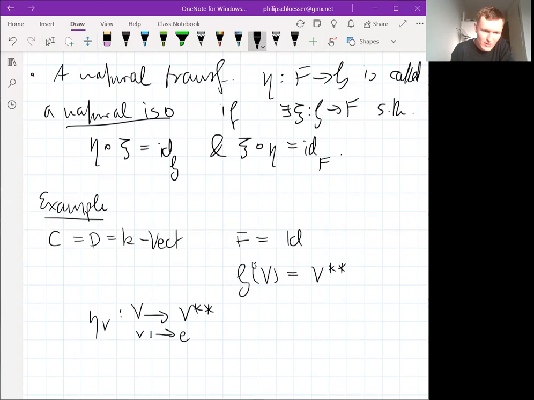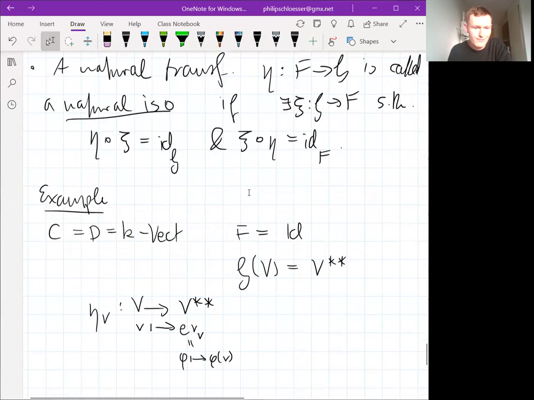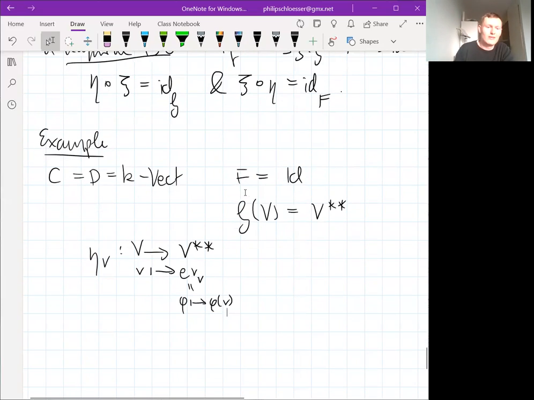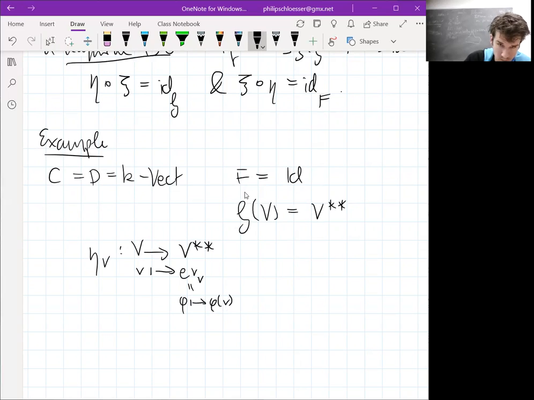It should map V to the evaluation functional in V, meaning any linear functional phi gets mapped to phi of V. You can see that I can write down this formula without any assumptions whatsoever on V. And this is always a good sign for naturality, because we can say naturality means that it is defined by the same formula for every kind of object.